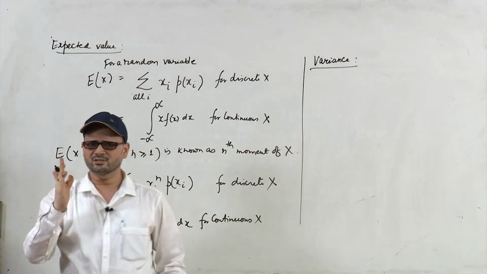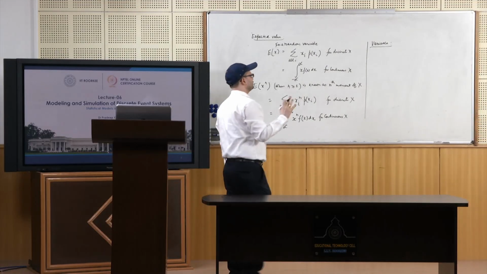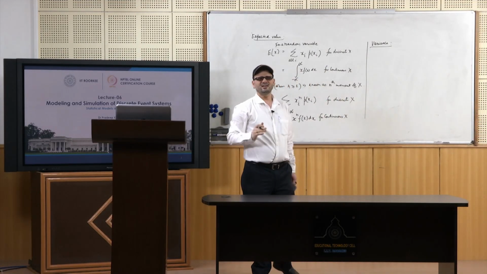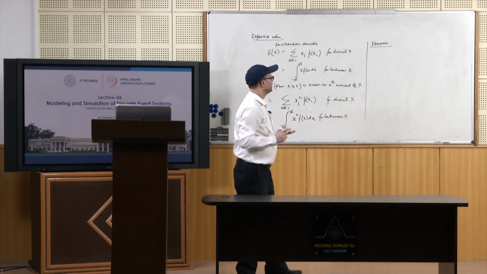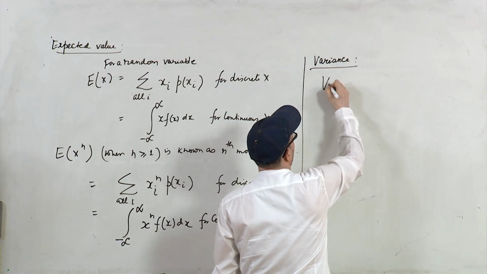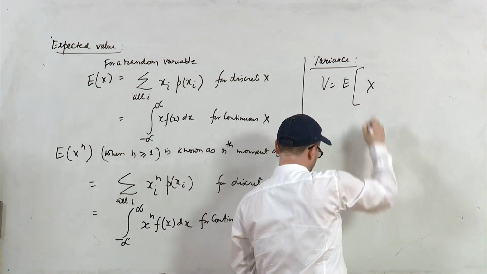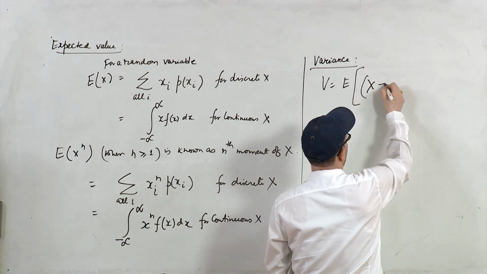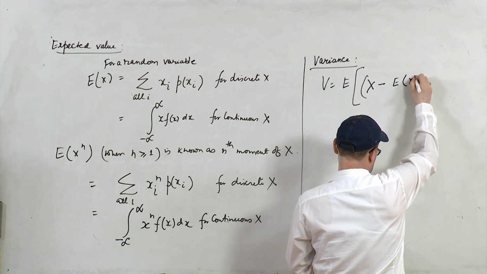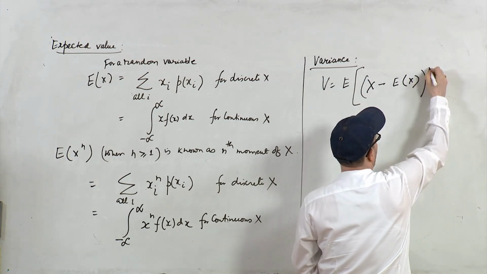They talk about the central value or the mean value. Now, many a times you have data which talk about the variability or the spread from the mean, and that is basically expressed in terms of variance. Variance is defined as V = E[(x - E[x])^2].